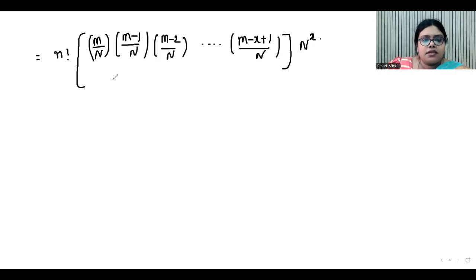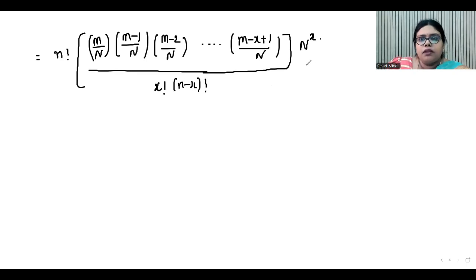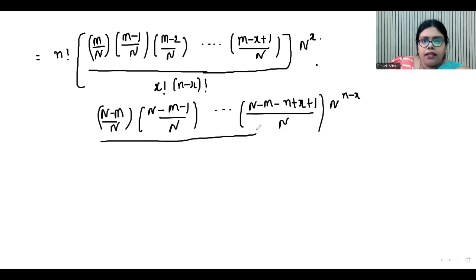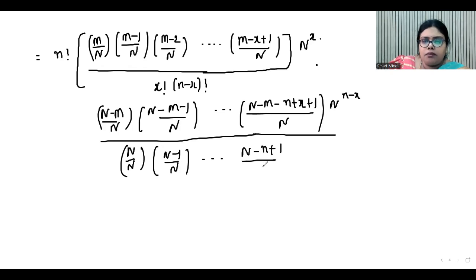Because there are x number of terms here, by x factorial into (n minus x) factorial into, now let us see the second term, (N minus M) by N into (N minus M minus 1) by N, so on up to (N minus M minus n plus x plus 1) by N into N power (n minus x), by N by N into (N minus 1) by N, so on up to (N minus n plus 1) by N into N power n.